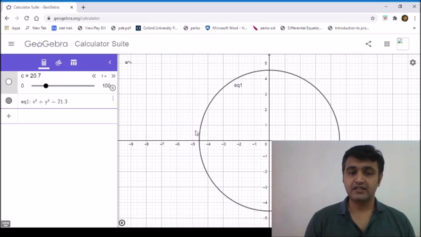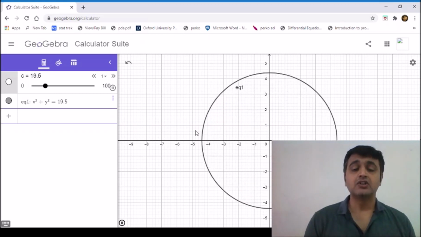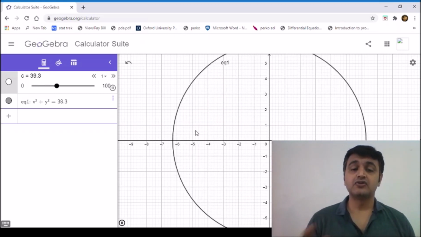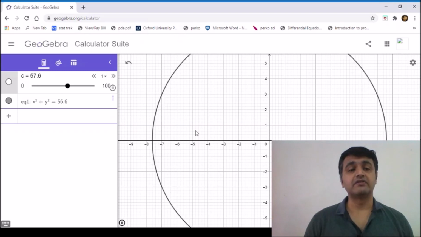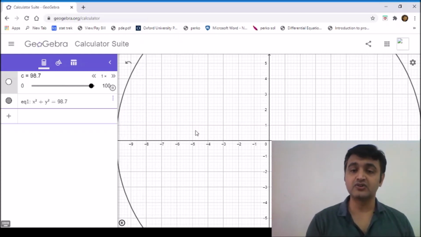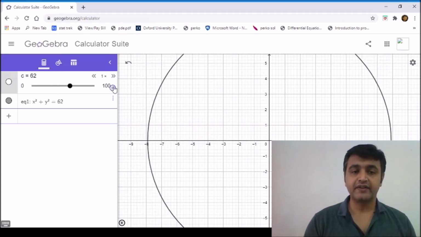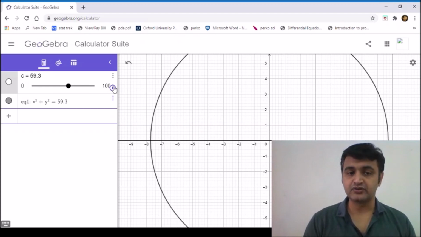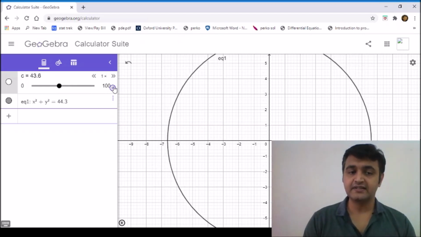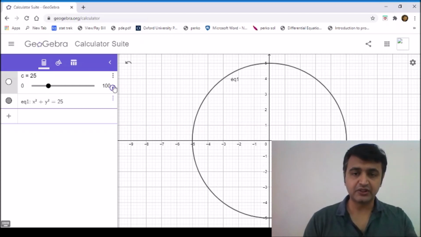Now when we are talking in this framework, we are talking about differential equations, so these circles are called the solution curves to the differential equation. Which differential equation? x plus y dy by dx equal to 0. So these are the solution curves to that differential equation. Once I fix the c, this becomes a particular solution, and if I am varying the c, then it becomes a general solution. So I hope the solution curve is clear to you.